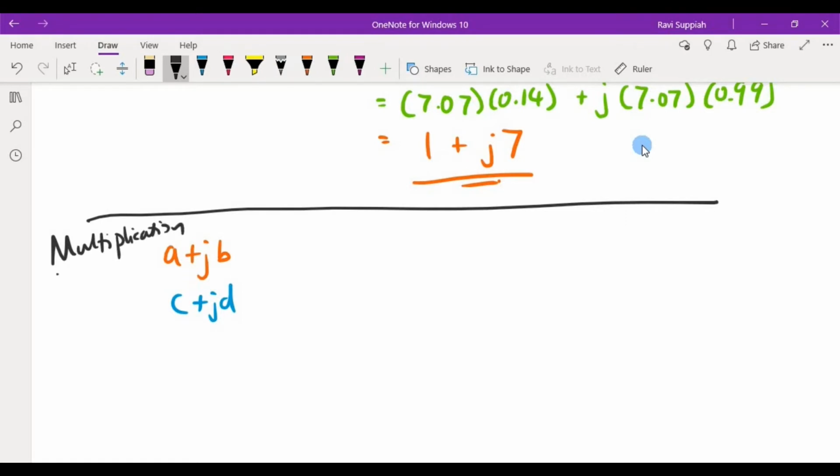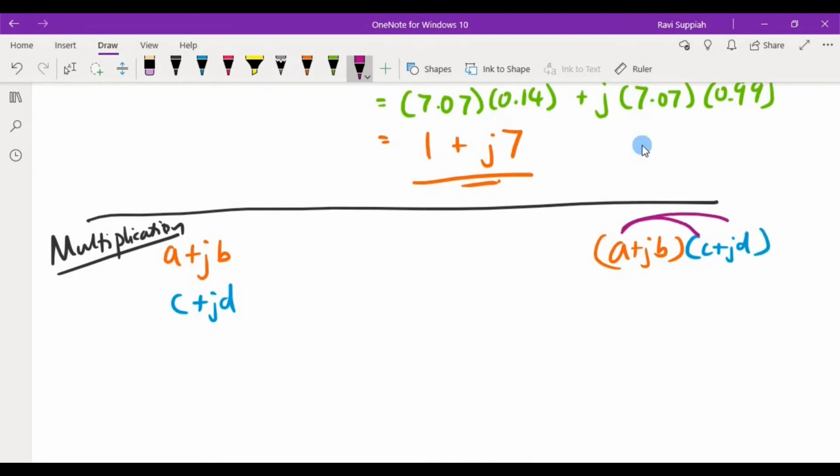If I ask you to do the multiplication in rectangular form, you would have to write them out by placing them side by side, and then you would do your expansion.